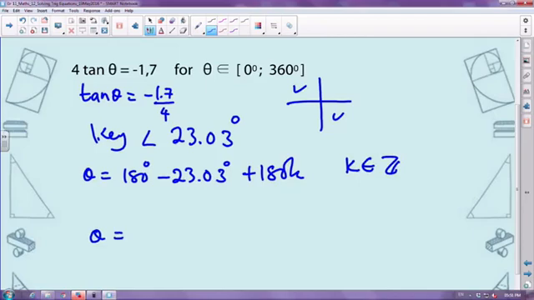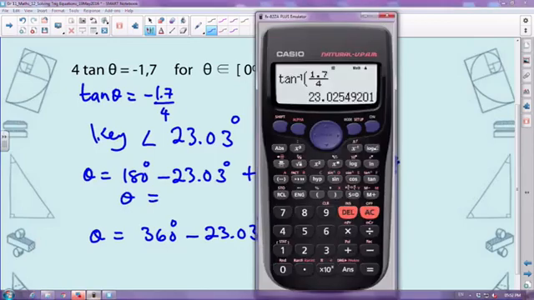And then theta is 360 degrees minus 23.03 plus 180 degrees times k. So now you simplify that. It's going to show a negative, but I'm going to ignore. You saw what I did, 156.97.